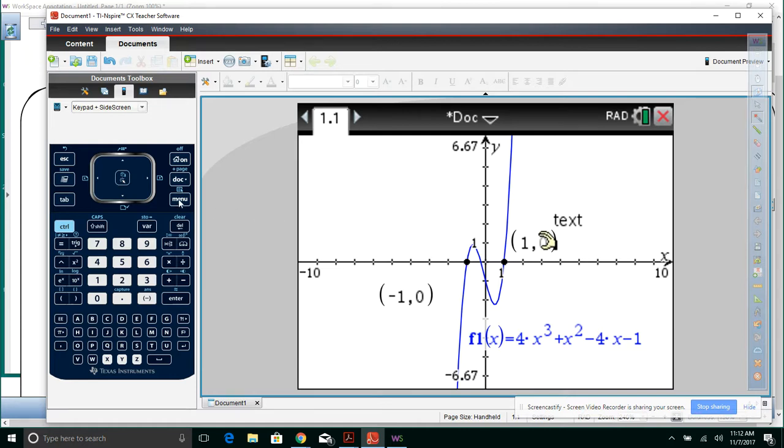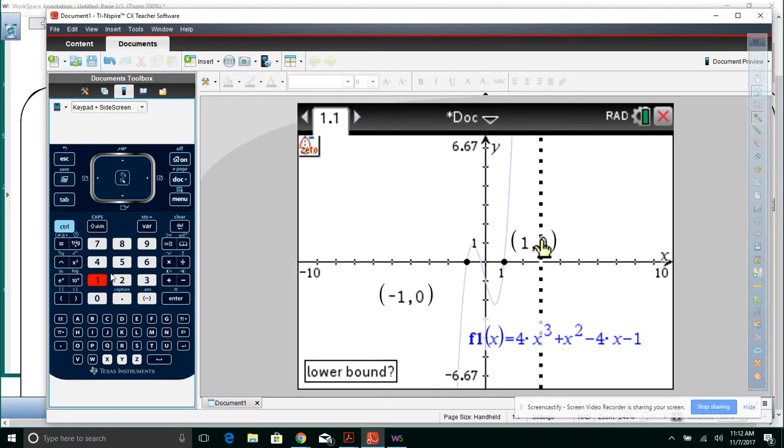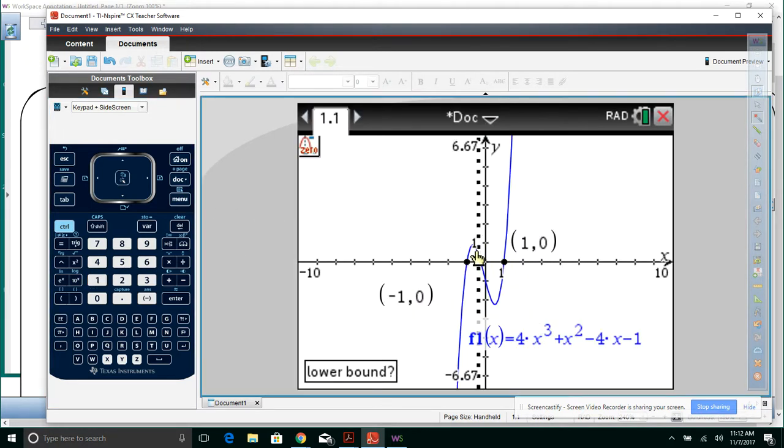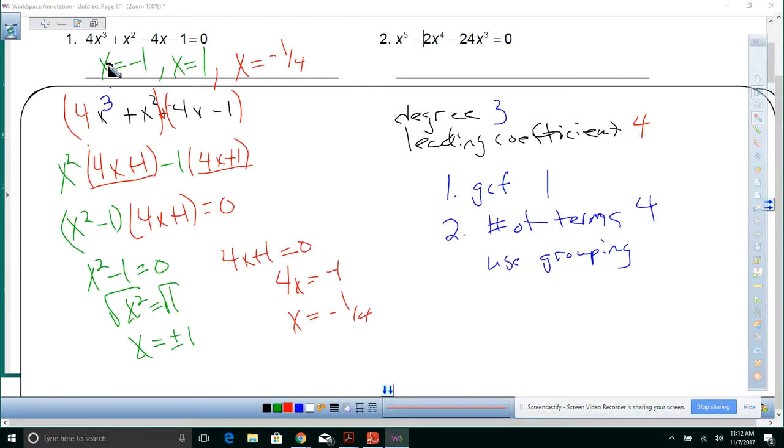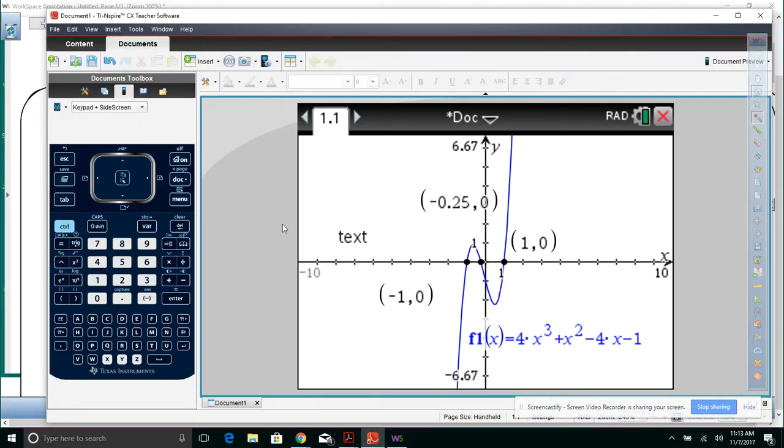And then our third one, menu 6, 1, and there it is, and that is -1/4. Then let's check that. Is that what we had? -1, 1, and -1/4. Okay. Well, Mr. Carbono, what is the other way, the third way?